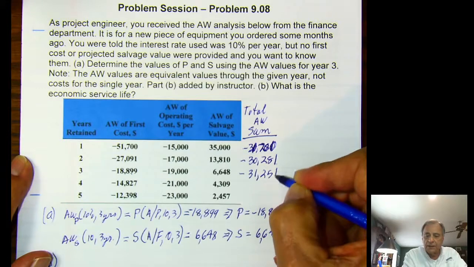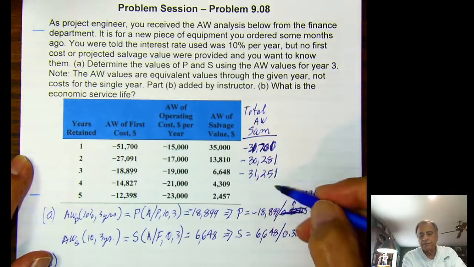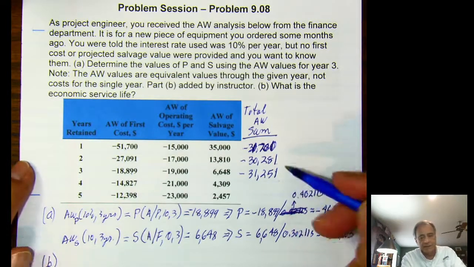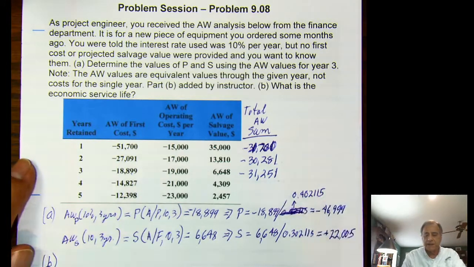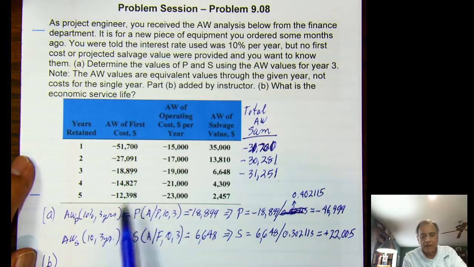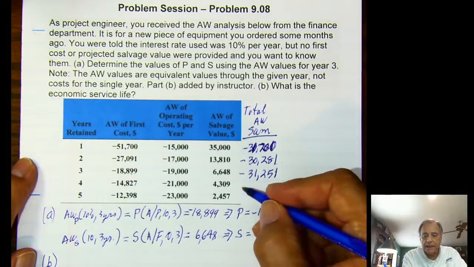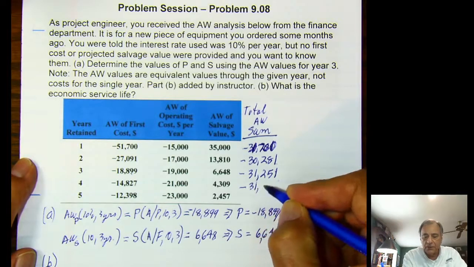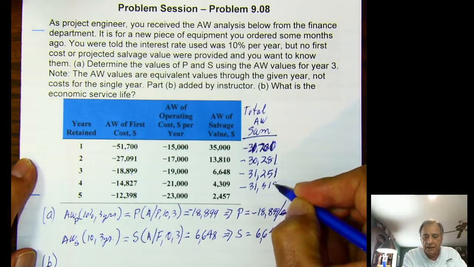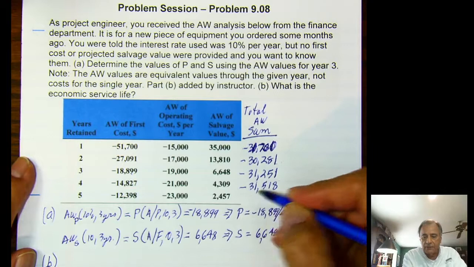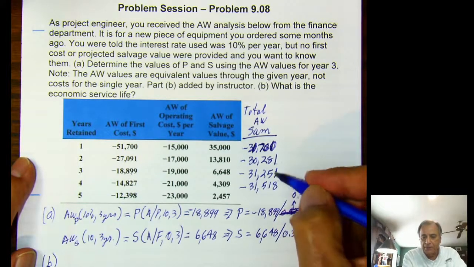So this has started to go back up now, and that usually tells me that's the economic life, but I'm not going to take the chance. I'm going to calculate all four of them. I'll have 21,000 plus 14,000 gives me 30,827. When I add these two, subtract 4,309, and I get 31,518. And that is going up again.